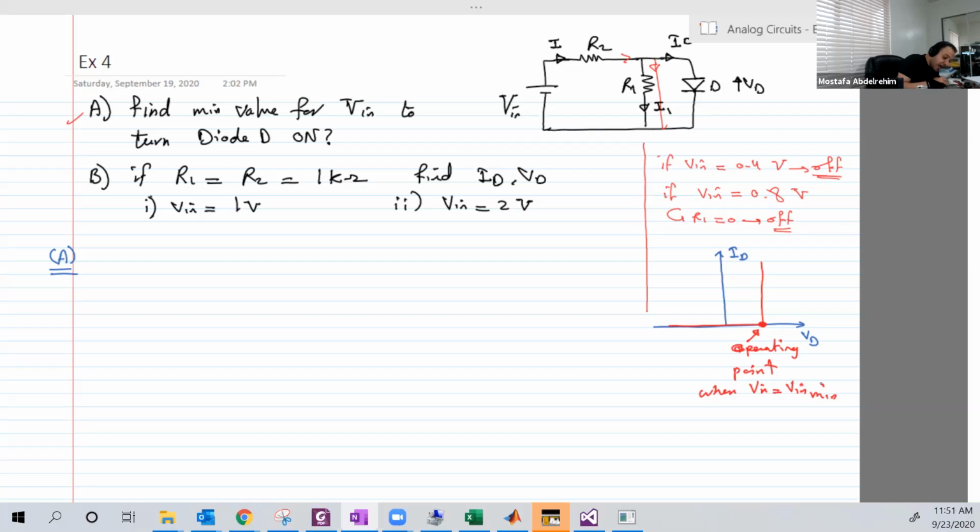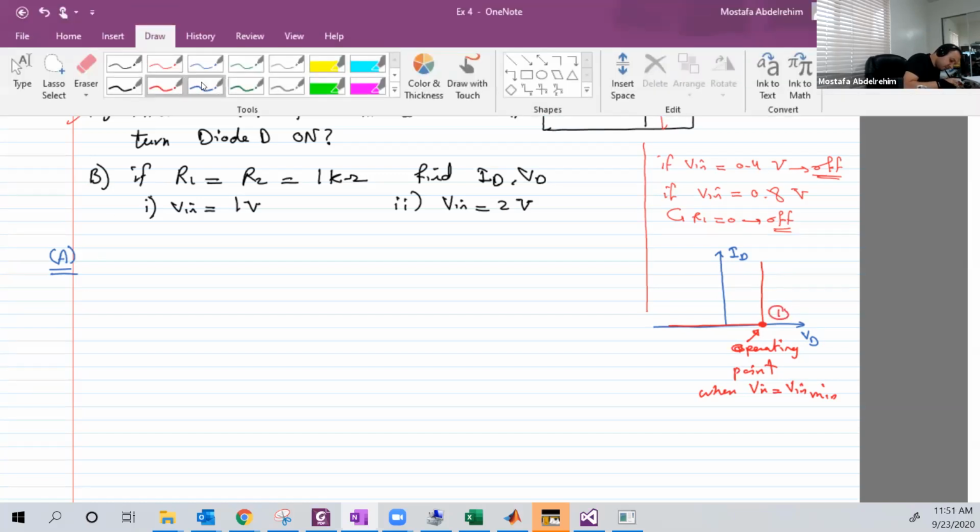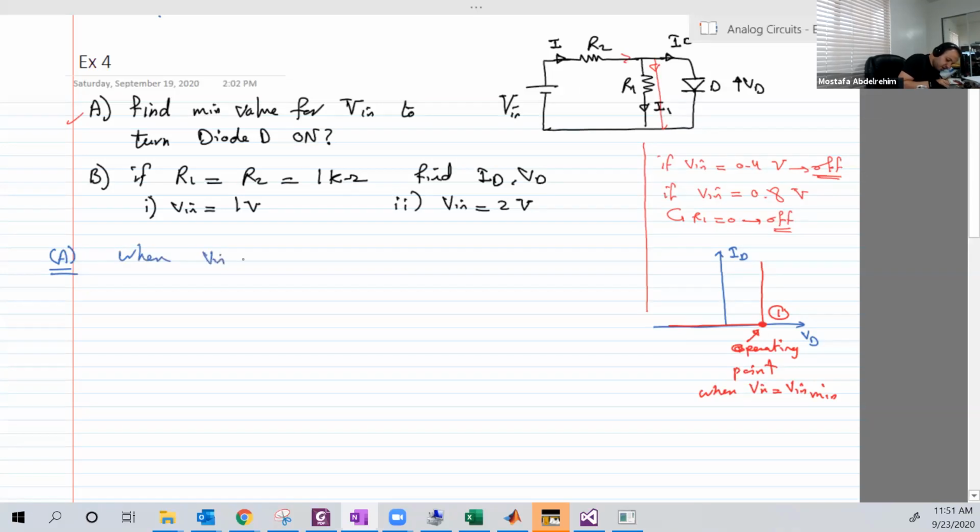Okay, so let's call this point 1. At Vin equal to Vin minimum, the diode will just conduct. I mean, the operating point is at 1.